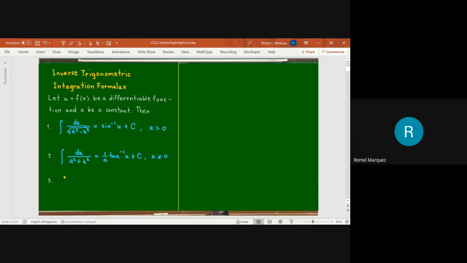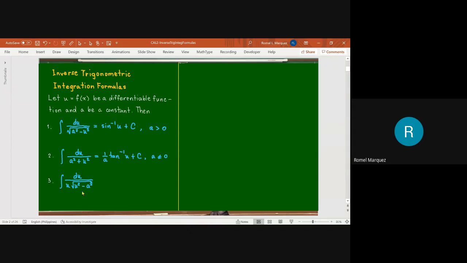And then the last one we have integral of du over u square root of u squared minus a squared. Notice the difference between number 1 and number 3.